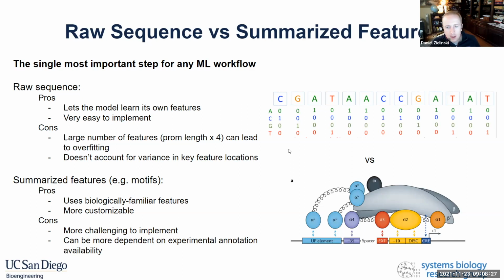So the argument for summarized features then is that they should be more generalizable. If you have overfitting problems, then helping your model out by saying, okay, these regions are important, maybe you should look at the -10 box, can address that issue. So they're complementary methods.